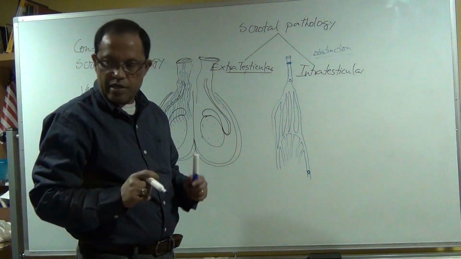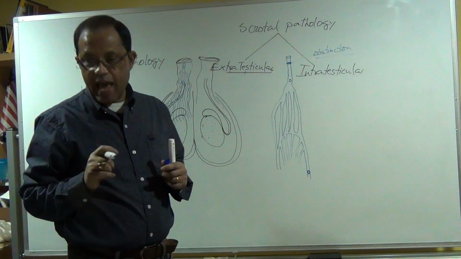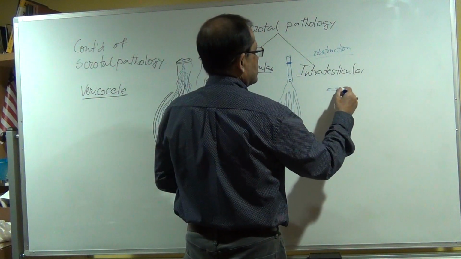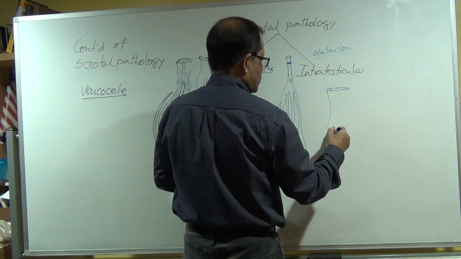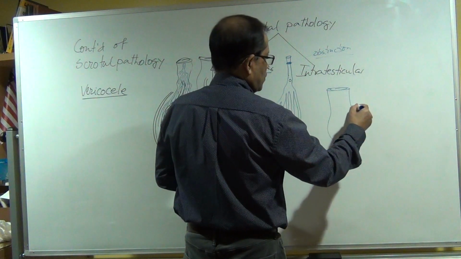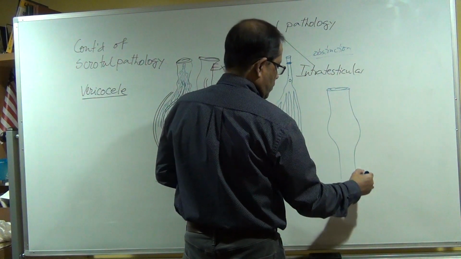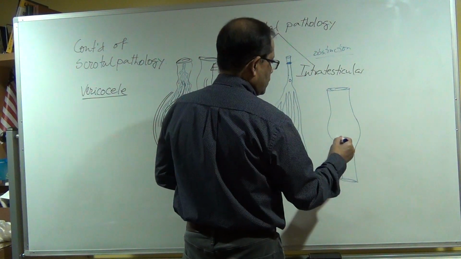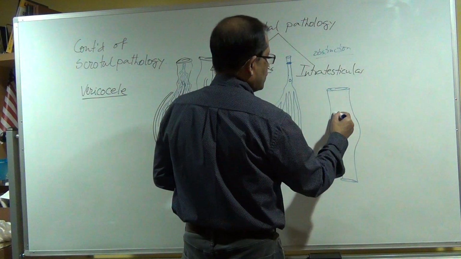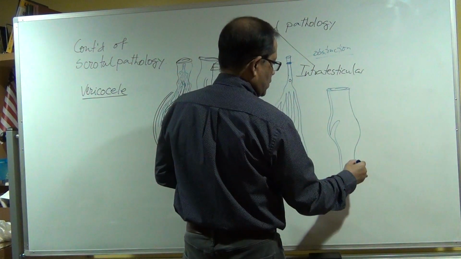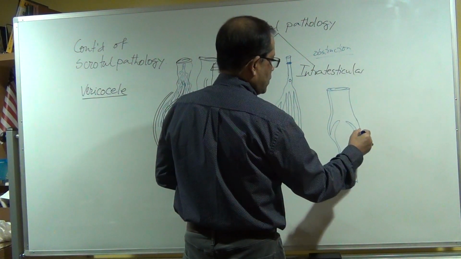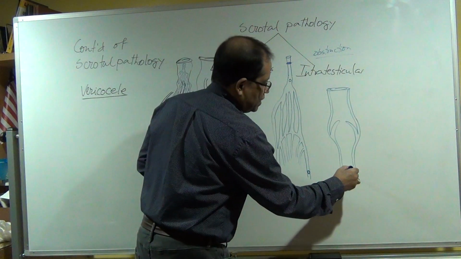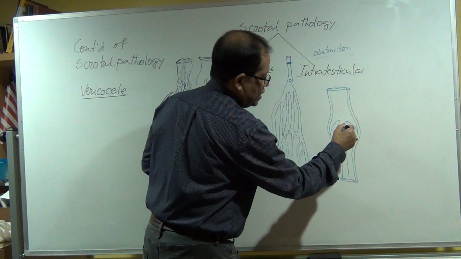But usually the vein has a valve, and the blood is passing through this way.